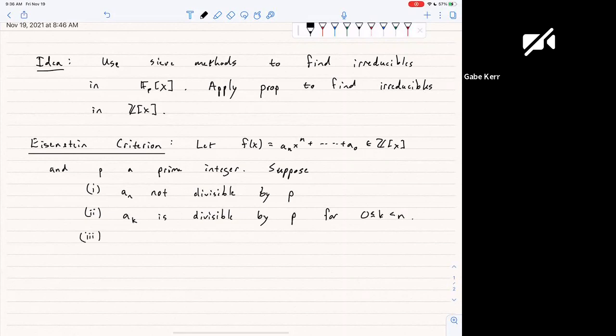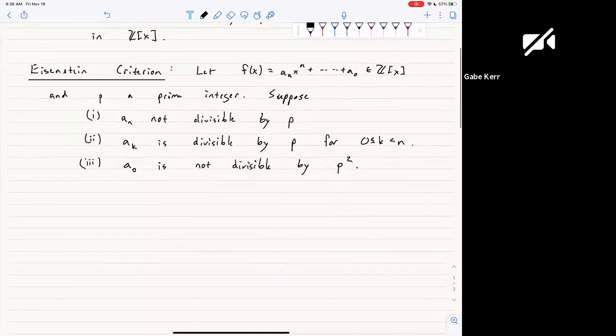But then three, you look at the 0th coefficient, the constant term. This is divisible by p, but it's not divisible by p squared. Funky little conditions, but then we can conclude f is irreducible.